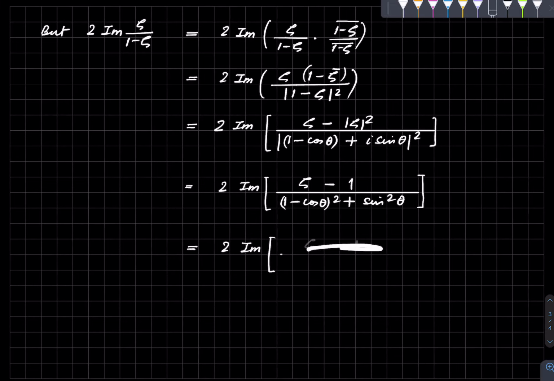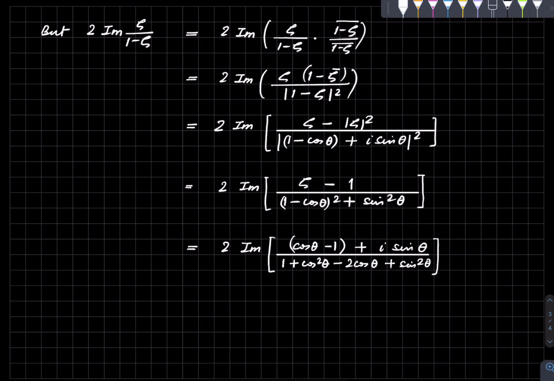So let me substitute what zeta is. Zeta is cos theta minus 1 plus i sine theta, divided by, so let's manipulate the denominator, basically opening the brackets. We get 1 minus 2 cos theta plus cos square theta plus sine square theta.